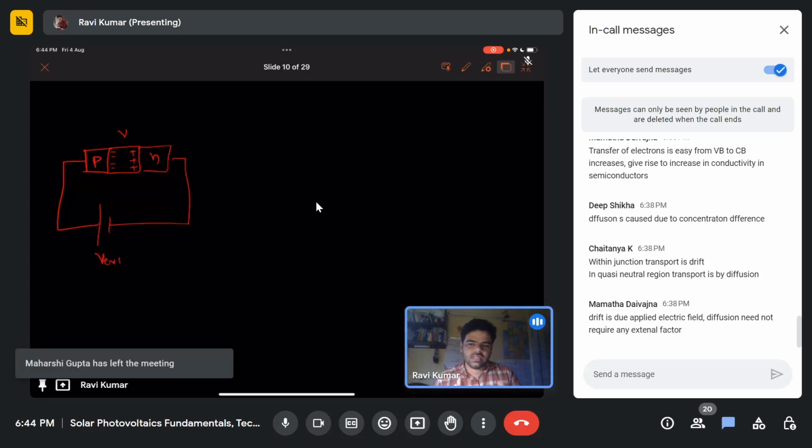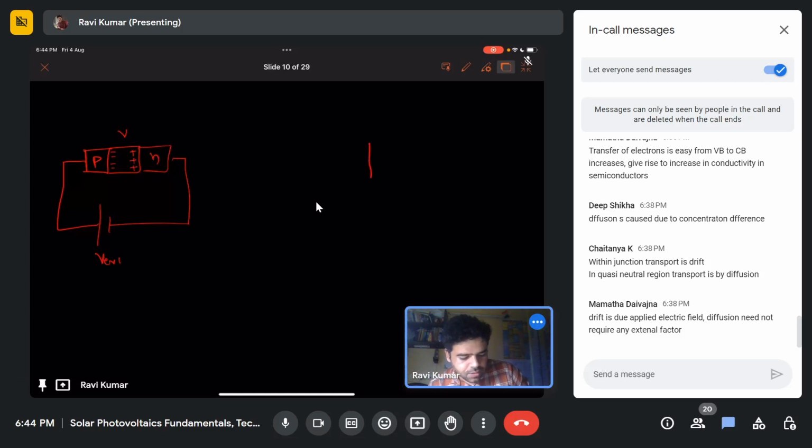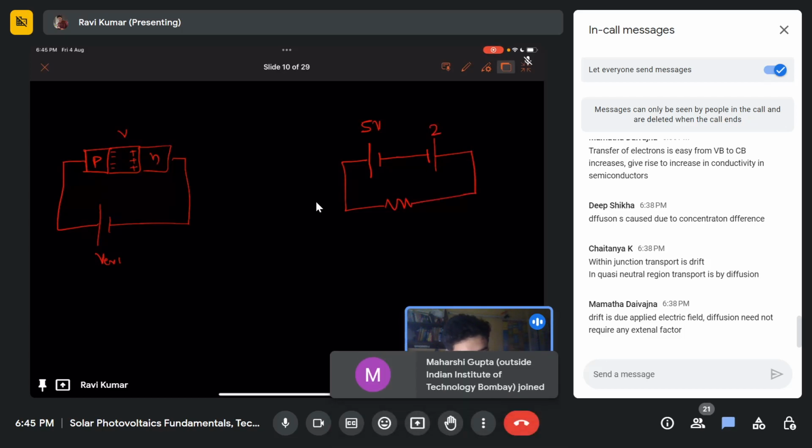Now just compare this with something else. If we have a battery of positive 5 volt and another battery of 2 volt and some R, I don't know whether you have solved this kind of question or not. So how will you calculate I here?